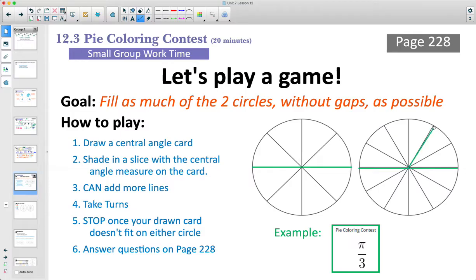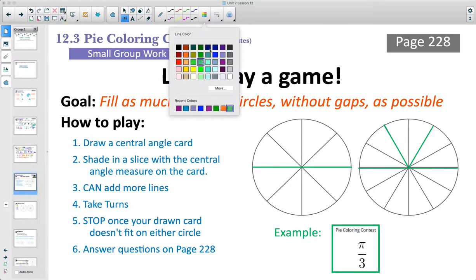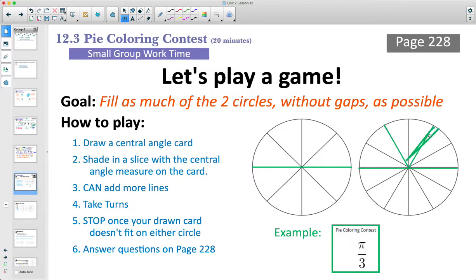So I could go here, and this would be 1/3, because 2 of the 1/6 equals 1/3. So I'm just going to shade in this part.